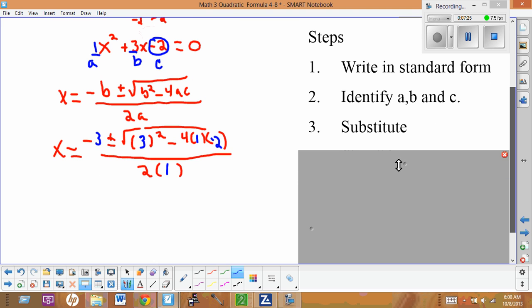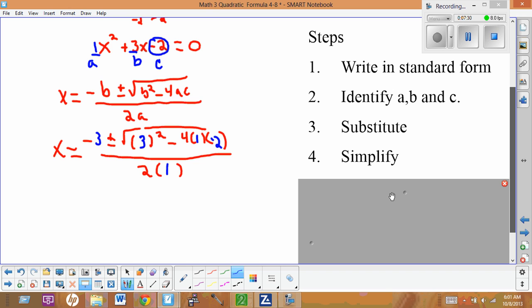Okay, once we've done the substitution, lastly we simplify. Most errors in the quadratic formula are made in the simplification of what's underneath the radical. So I'm going to simplify that first. I'm going to do some side work. 3 squared minus 4 times 1 times negative 2.